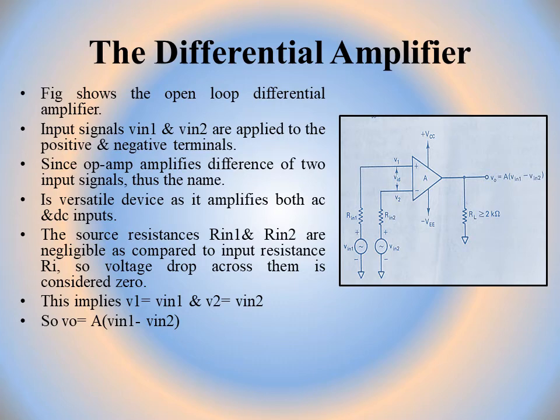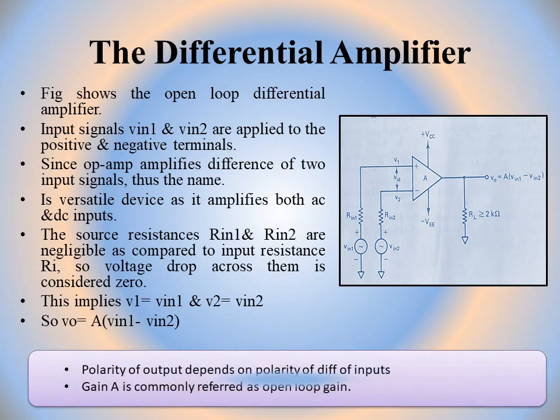Thus V0 is equal to A times (VIN1 minus VIN2), as discussed before. Now, what will be the polarity of the output? The polarity of output depends on the polarity of the difference of inputs.